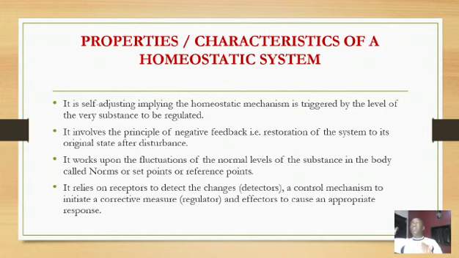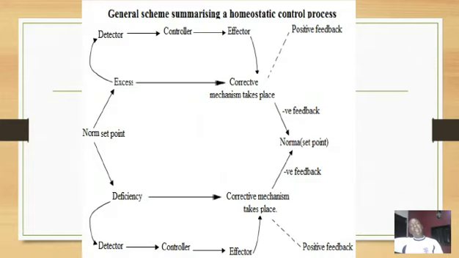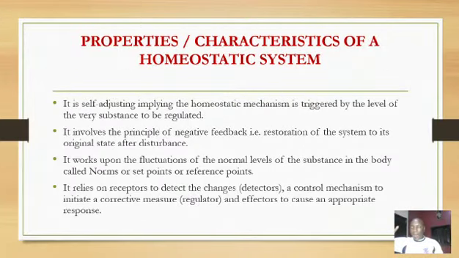Just like we have seen in that scheme, whether it is in excess or in deficiency, the corrective measures either decrease it back to the norm or increase it back to the norm.